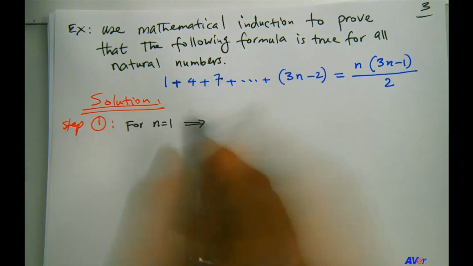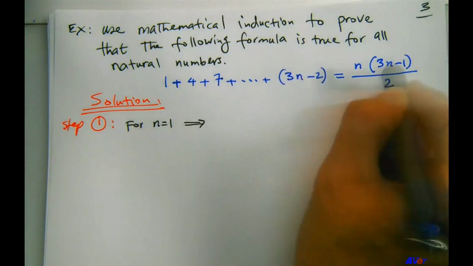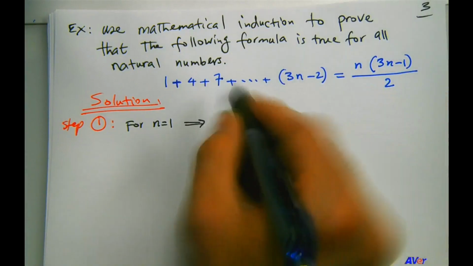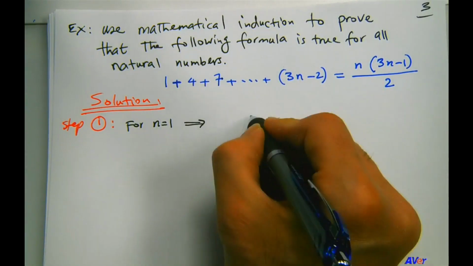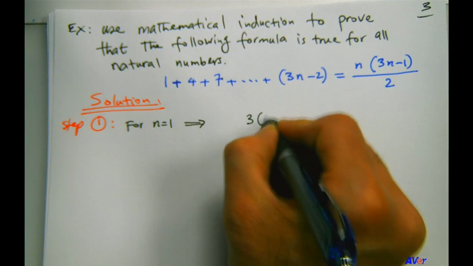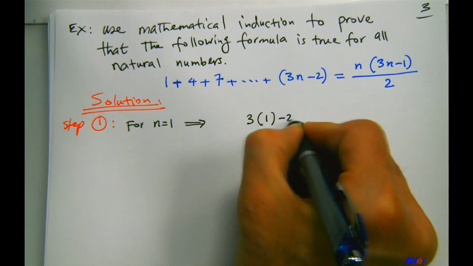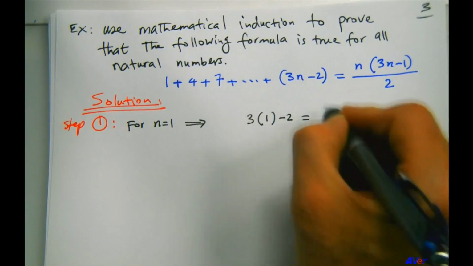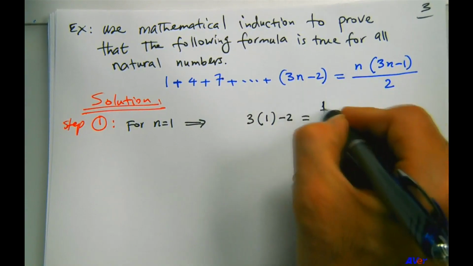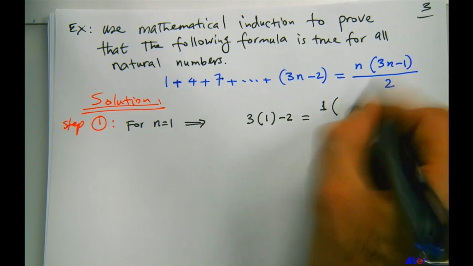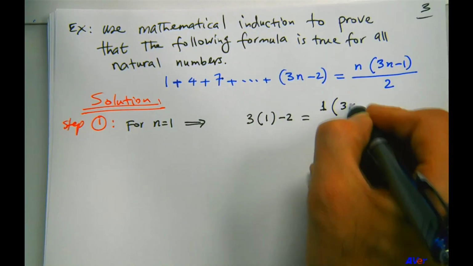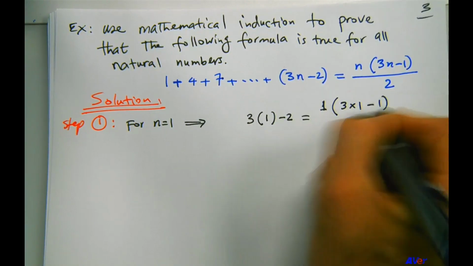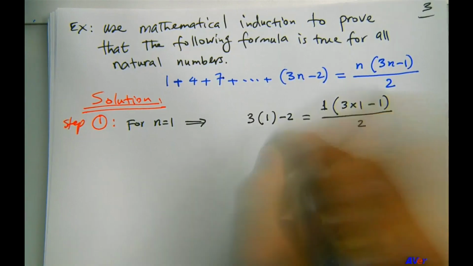So all we have to show is that this is equal to that. Let's show that. So we have 3 times 1 minus 2, I'm just plugging for n with 1, is equal to, again for n, plug in with 1, 3 times 1 again, minus 1 divided by 2. What do we get?